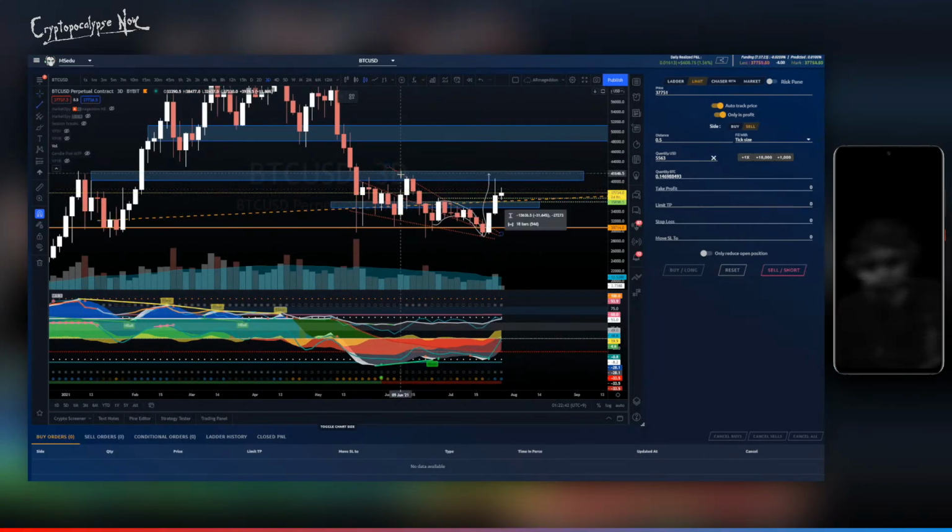In terms of the projected target: 1, 2, the base, 3. We had made one target here.